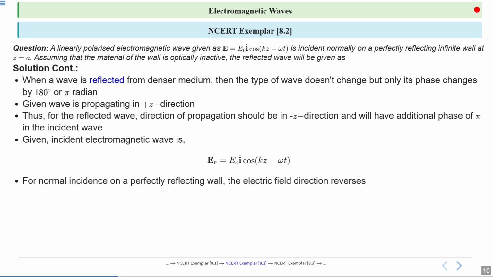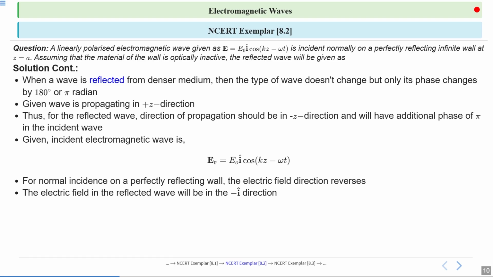Now for normal incidence on a perfectly reflecting wall, the electric field direction reverses. Because there is a phase difference of pi, the direction of the electric field will also get reversed. So the electric field in the reflected wave will be in the minus i cap direction. Initially, when the wave starts from the origin, the electric field vibrations are in the positive x-axis.